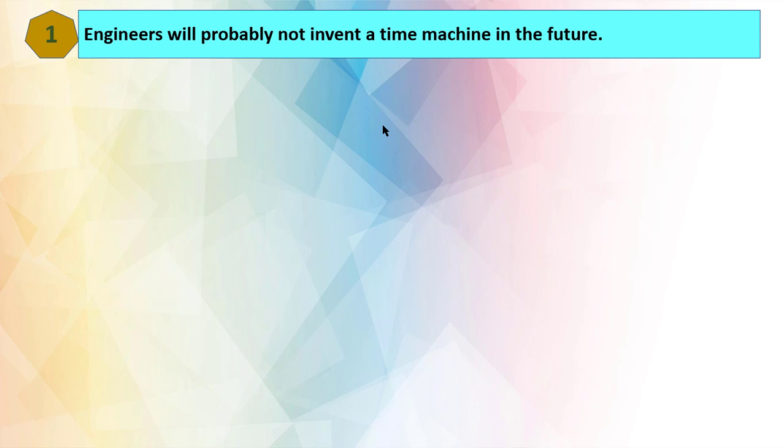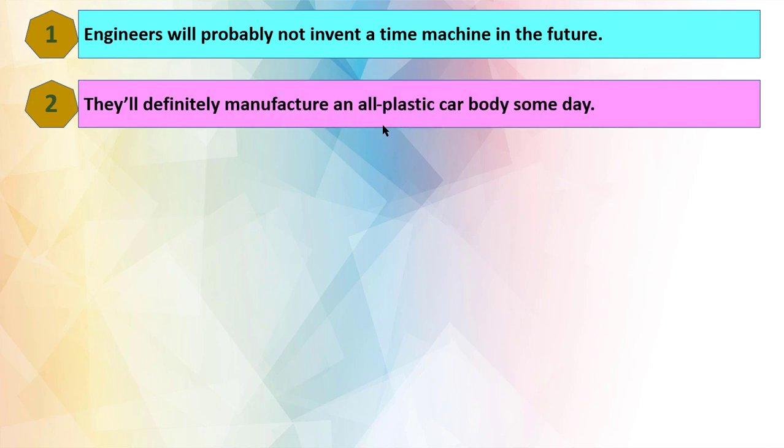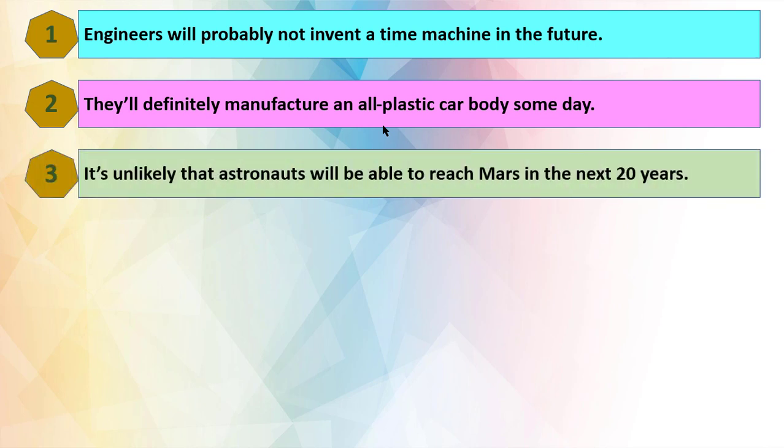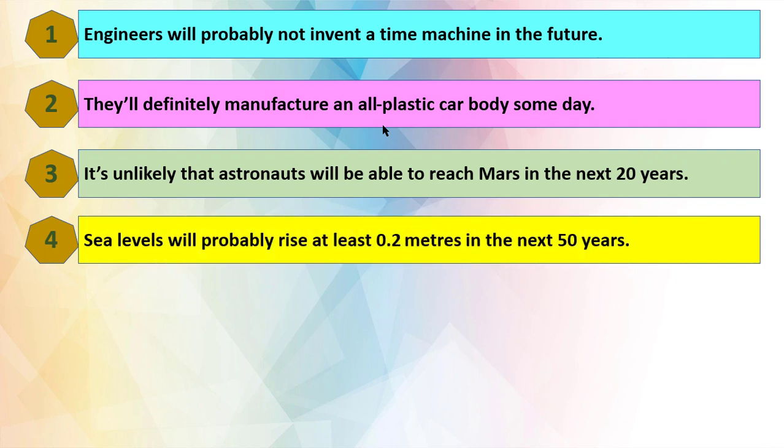Let's have a look at the answer. They will definitely manufacture an all-plastic car body someday. Number 3. It's unlikely that astronauts will be able to reach Mars in the next 20 years. 4.